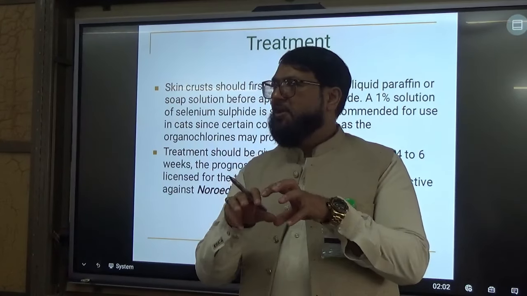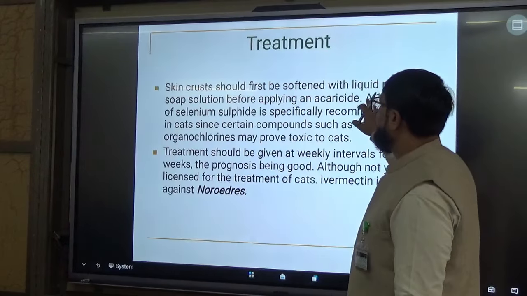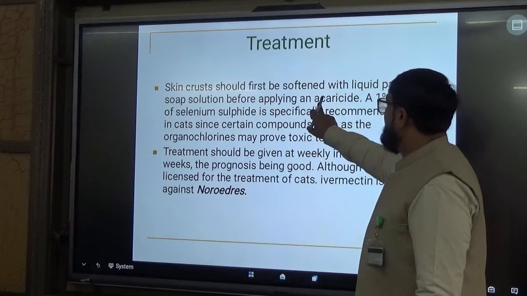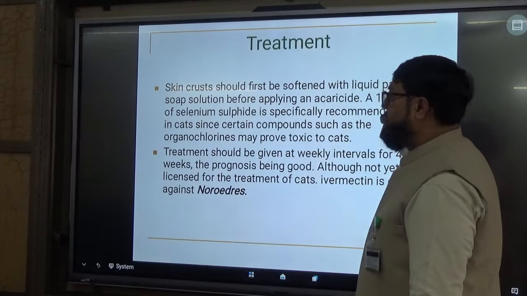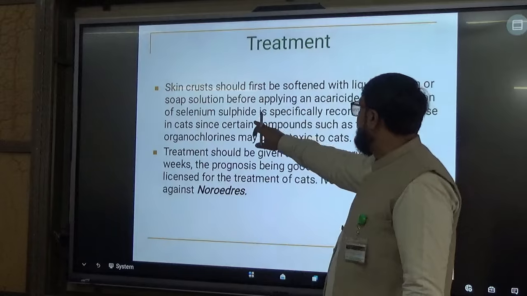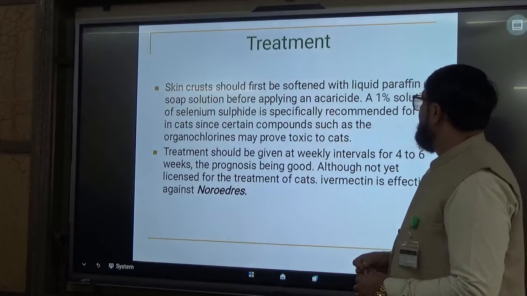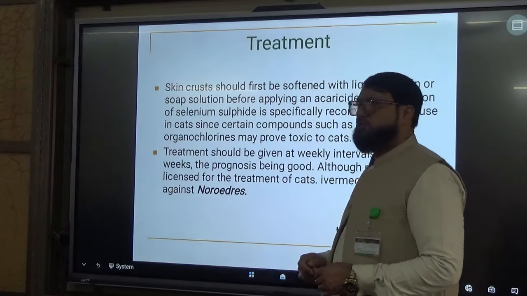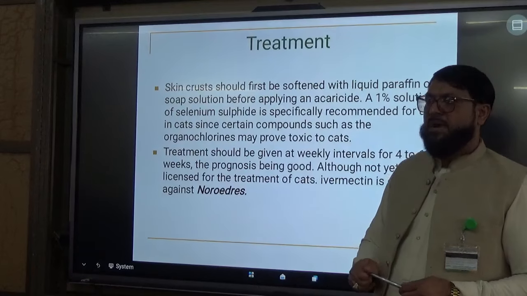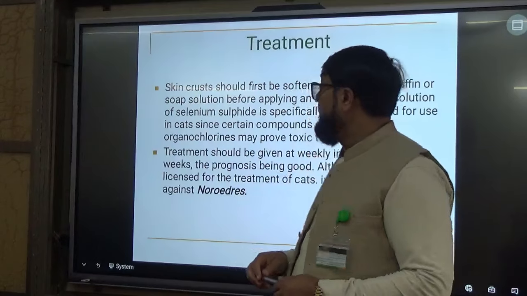So softening of the crust is required with liquid paraffin, and after that you can apply some suitable acaricide. You can also apply a 1% solution of selenium sulfide, which is recommended in cats. Why? Because organochlorines can prove toxic to cats. They are contraindicated in cats.